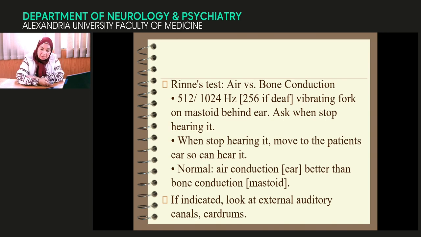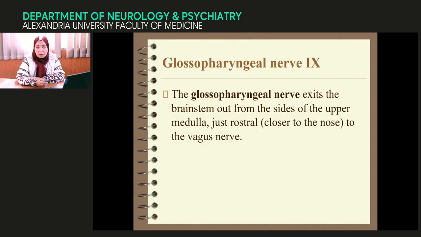I will send to the ENT if I find any problem, to do sophisticated tests and even audiometry. But roughly, if the patient has no problem, just rub the fingers near the ear of the patient and compare between the two.